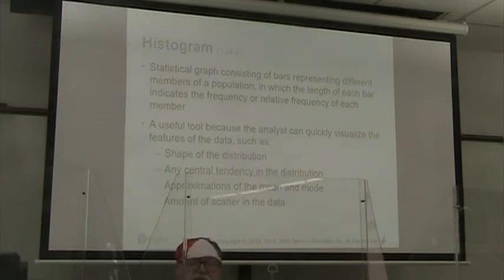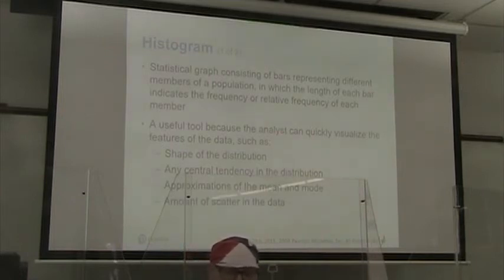It's a very useful tool for visualizing the shape of the statistical distribution. So the shape of the distribution, the central tendency of the distribution, approximations of our mean and mode in the distribution, and the amount of scatter or variability in the data.